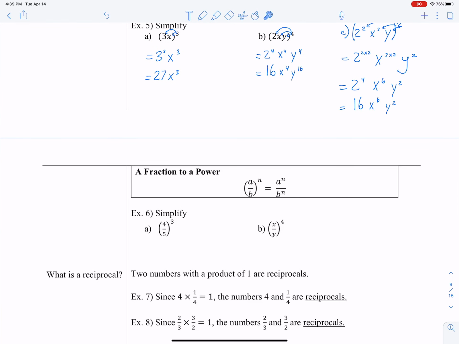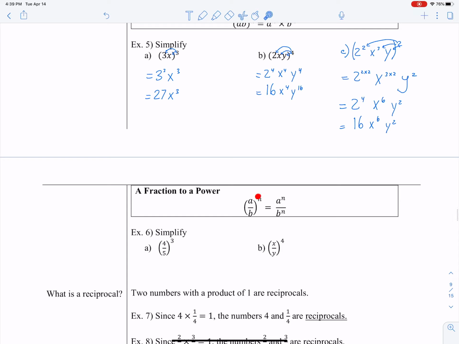So the next rule is a fraction to a power rule. Here it's saying if you have an exponent on the outside of the brackets and inside your brackets you have a fraction, the exponent goes on the top and bottom of the fraction. Okay? It's very similar to this last rule that we learned, because basically it's saying the power goes on all the different bases.